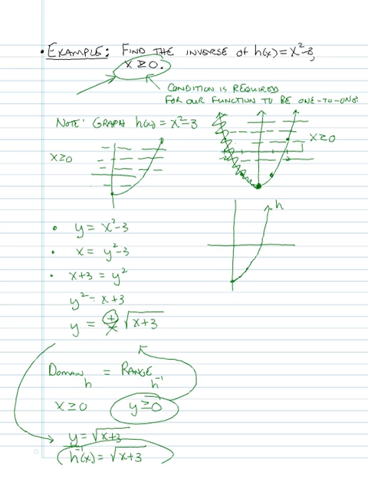And the h inverse graph, if I can do this here, okay, would look something like this. And so you can see, that's the h inverse graph, you can see the symmetry again between those two functions, h and h inverse, about the line y equal x.